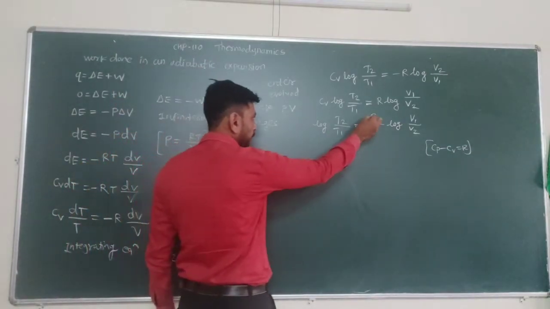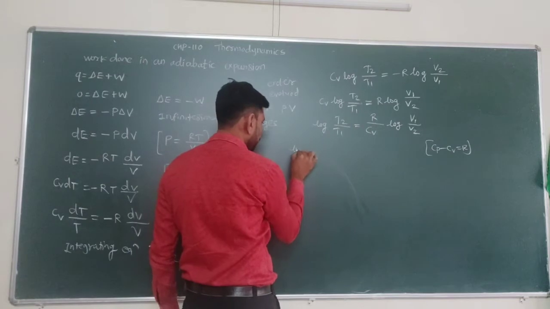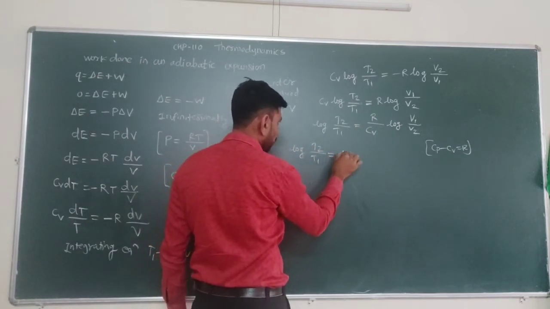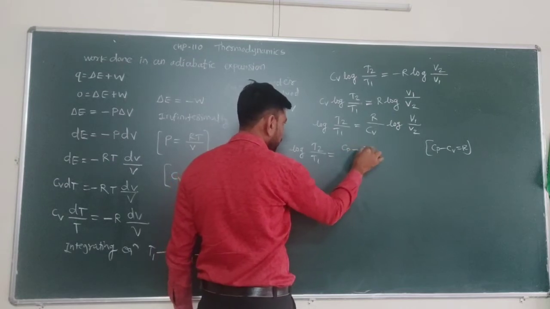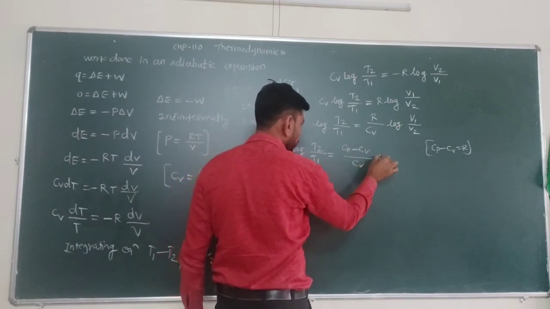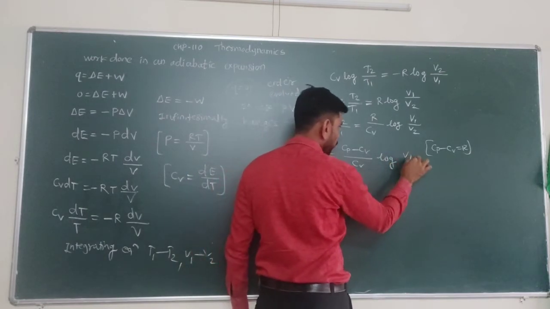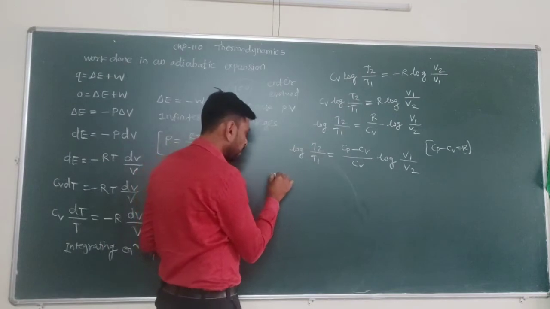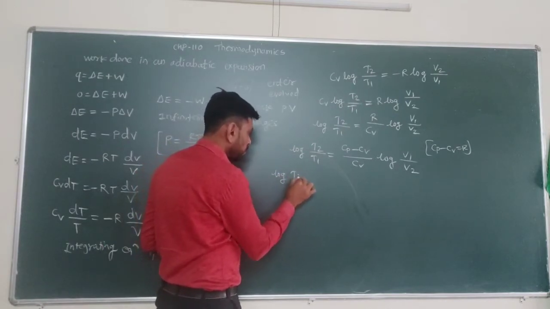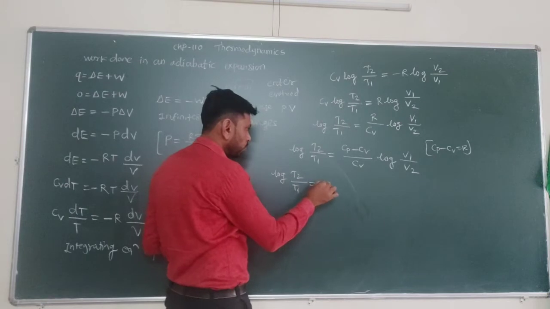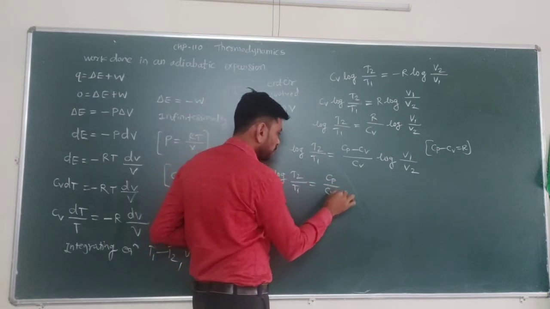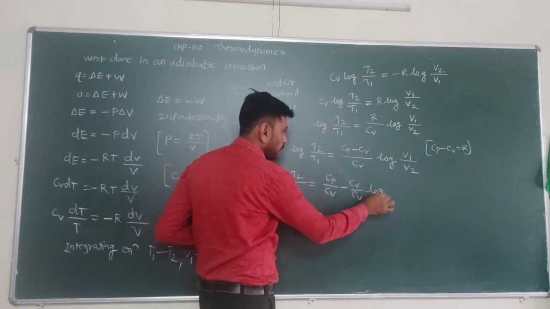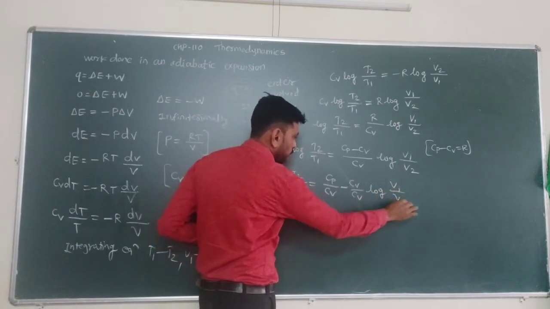So replacing R here, we get log of T2 upon T1 equal to Cp minus Cv upon Cv into log of V1 upon V2. Separating the variables, log of T2 upon T1 equal to Cp upon Cv minus Cv upon Cv, log of V1 upon V2.